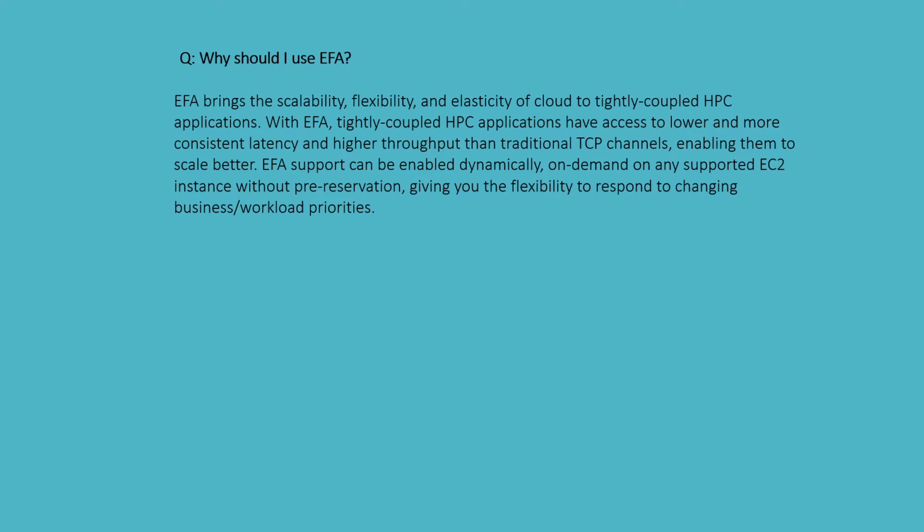With EFA, tightly coupled HPC applications have access to lower and more consistent latency and higher throughput than the traditional TCP channel, enabling them to scale better. EFA support can be enabled dynamically on demand on EC2 instances without pre-reservations, giving you the flexibility to respond to changing business and workload priorities.